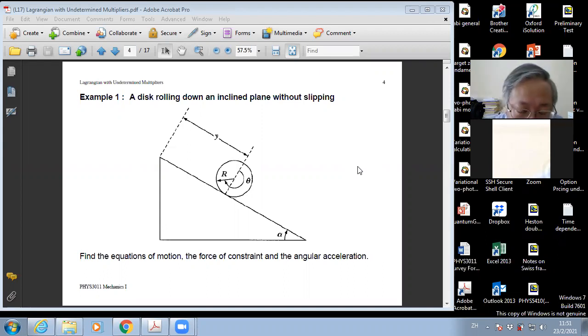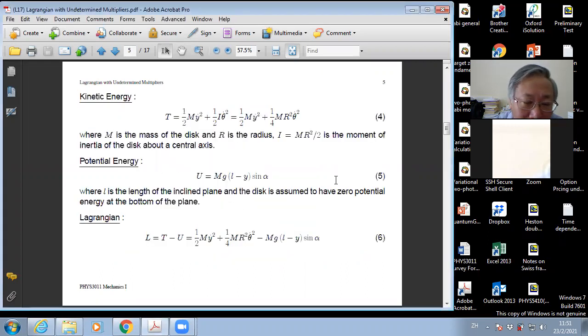To begin with, we need to find the kinetic energy and potential energy, right? Potential energy comes from the gravitational force. For kinetic energy, the translational kinetic energy is 1/2 m y dot squared, and the rotational kinetic energy is 1/2 I theta dot squared, right?